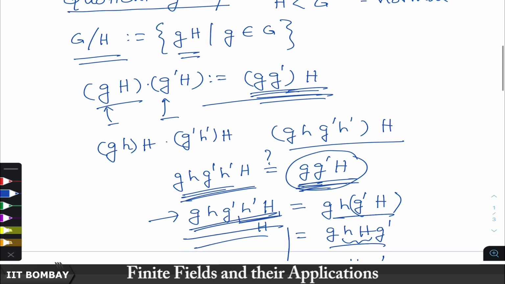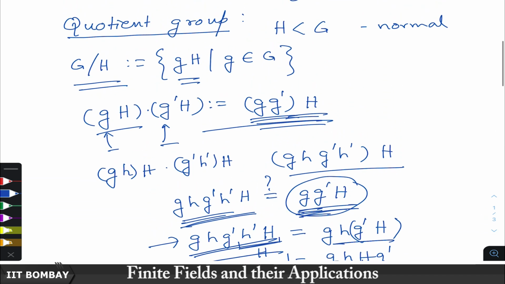Now, what we have done is that we have defined this group, the quotient group, where the elements are the left cosets or the right cosets, the cosets of H, and we have defined an operation, and one can check that this is indeed a group. So, what is the identity element here?